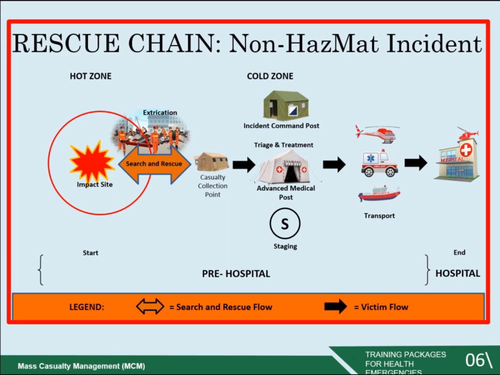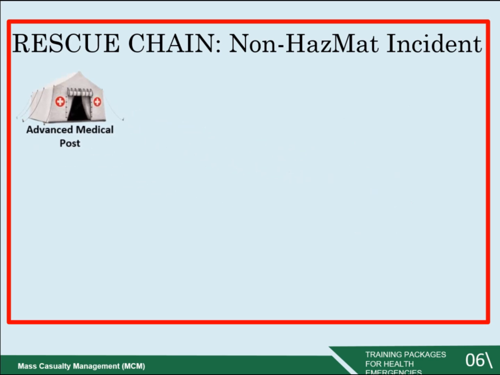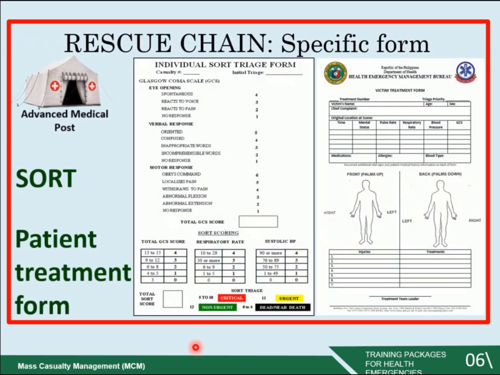So the next area with forms that we need to be familiar with is the Advanced Medical Post or the AMP. The most common forms present inside the AMP are the SORT triage form and the victim treatment form. The victim treatment form is concise and self-explanatory to the physician who will be filling it up.